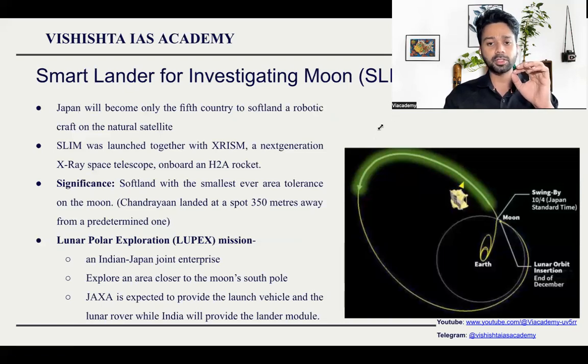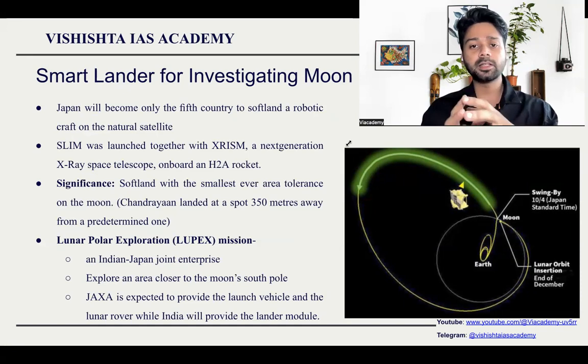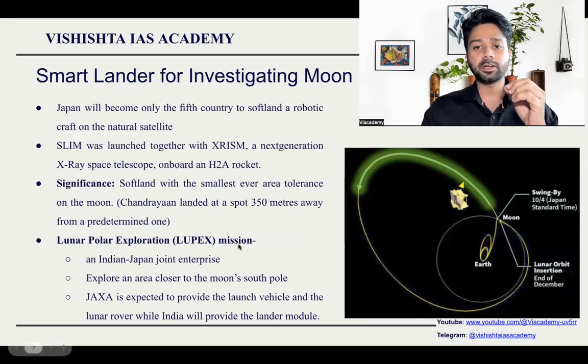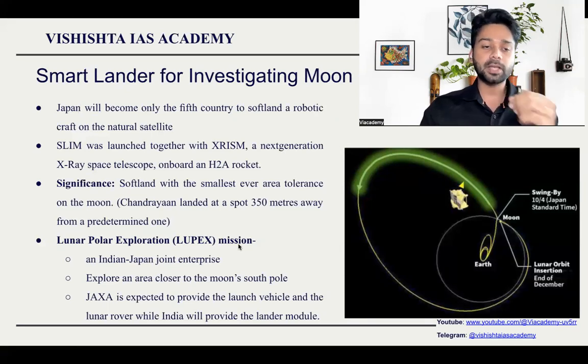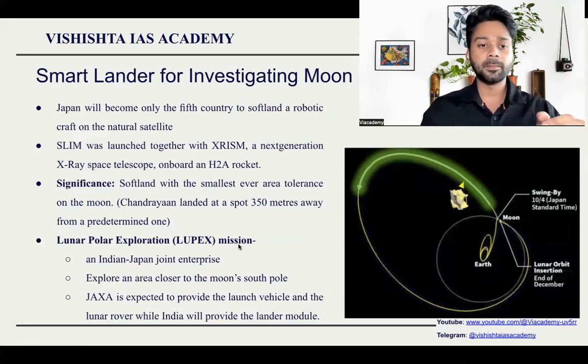From the science and technology point of view, this topic is very important. Smart Lander for Investigating Moon, SLIM. What exactly is Smart Lander for Investigating Moon? Just like how India did the Chandrayaan, the Japan Space Agency has also come up with a Smart Lander for Investigating Moon mission.